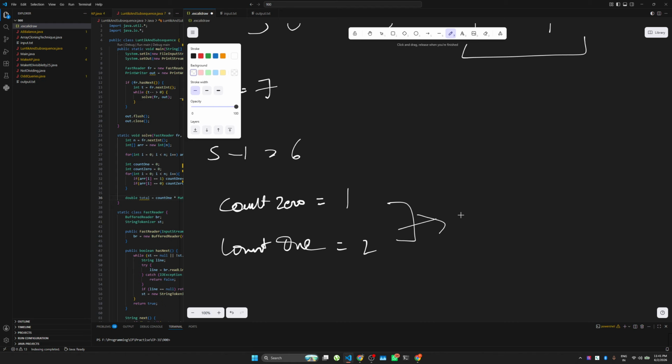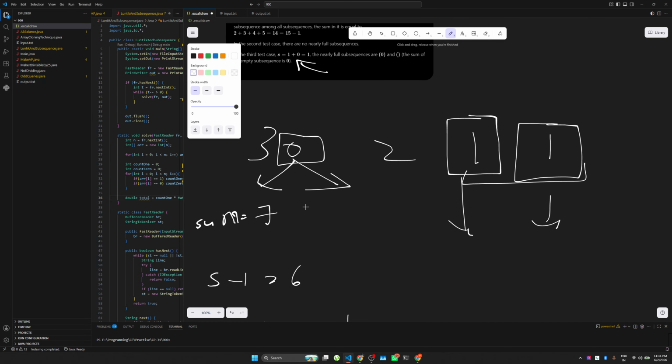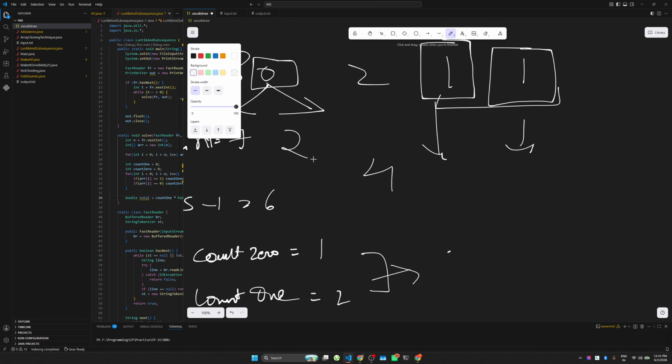Can't we see that 2 ones and 2 to the power 1 gives us 4? So hence the 4 valid subsequences, because we can either exclude this one or include this one. So two choices here and one choice here. So that gives us 4 choices. Correct? And that is how we got 4.